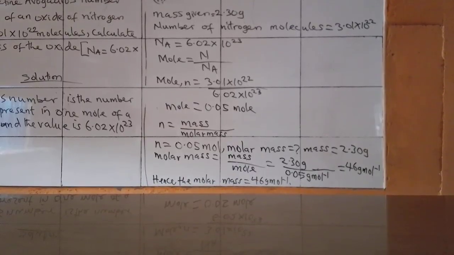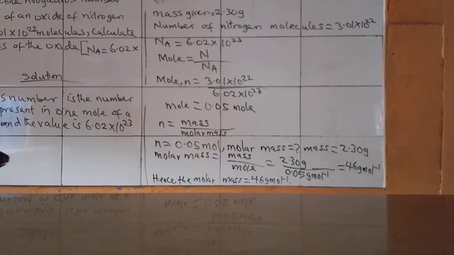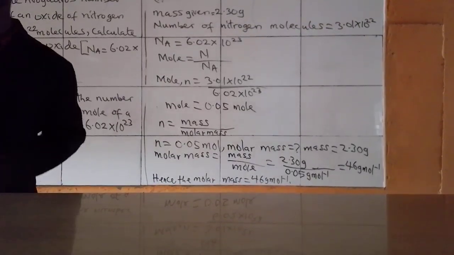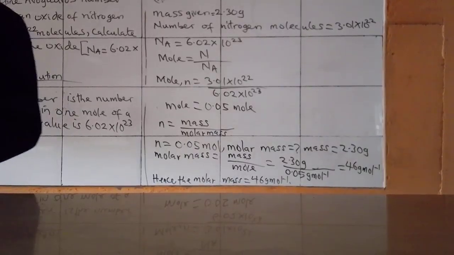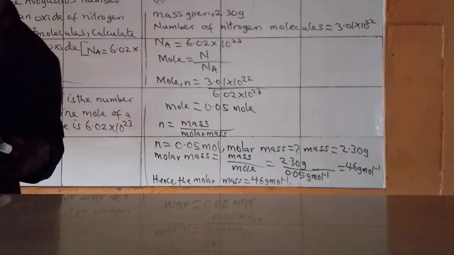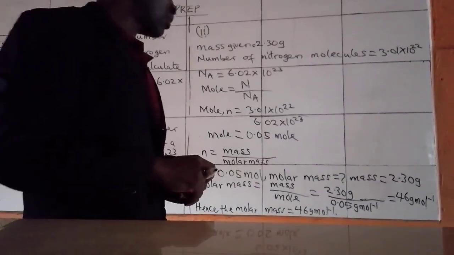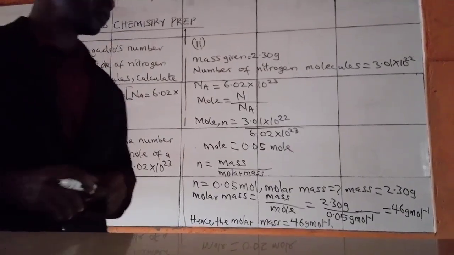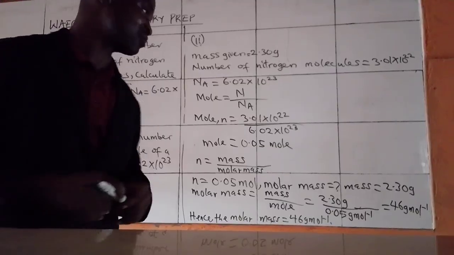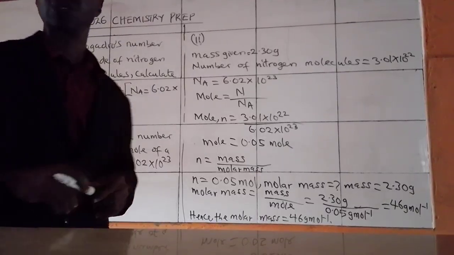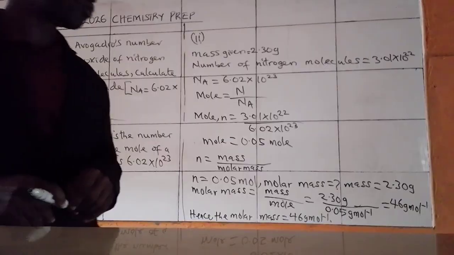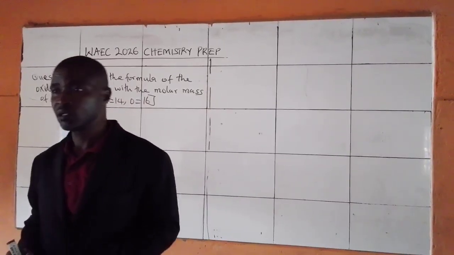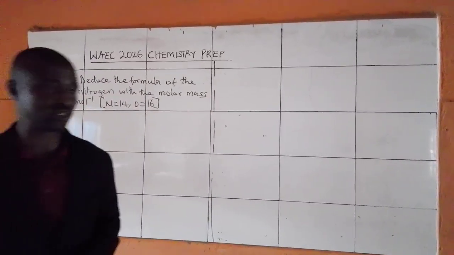So by substituting, molar mass is equal to 2.30 gram all over 0.05 gram per mole, which is equal to 46 gram per mole. Hence, the molar mass is equal to 46 gram per mole. Now we move to the next question.